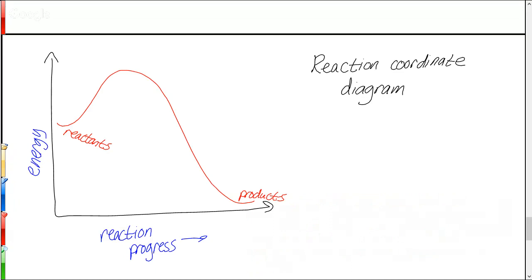And what happens to the energy? Well, it starts where it starts, and then it goes up, and then it goes down. So a couple of things this tells us. First, the difference in energy between the reactants and the products is what we call the heat of reaction.